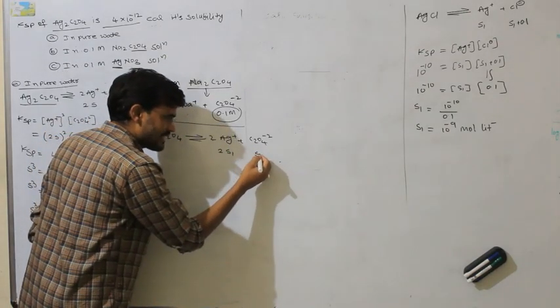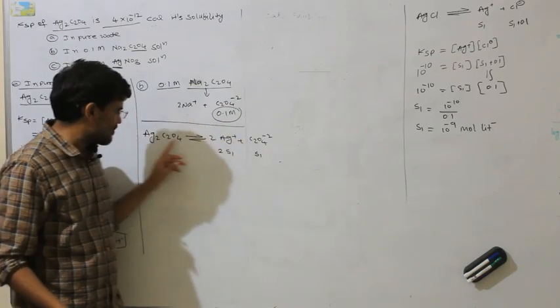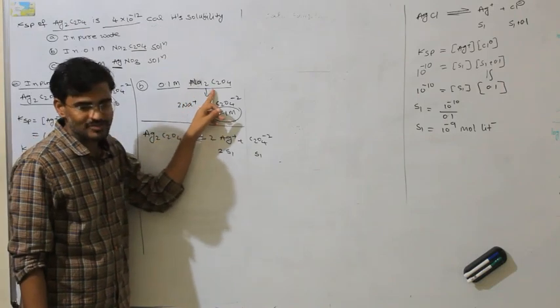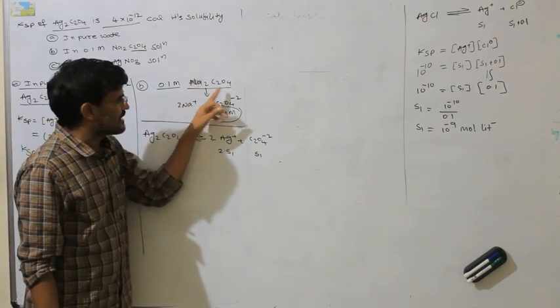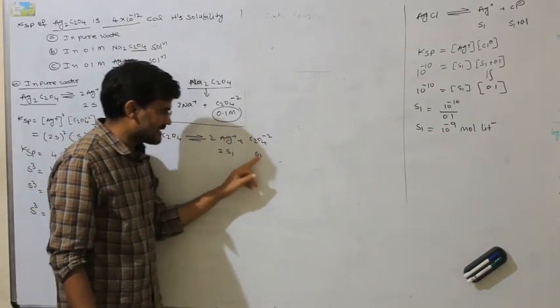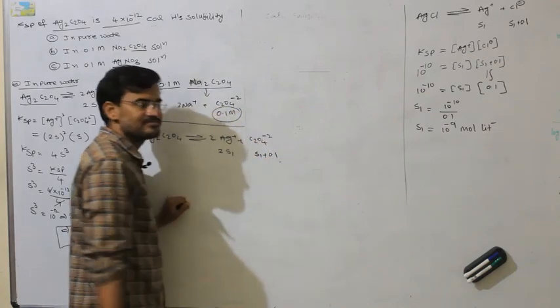Oxalate becomes S1. But in the solution, oxalates are not only coming from the silver oxalate, it is coming from sodium oxalate also. From sodium oxalate, how many oxalate ions are coming? 0.1. So oxalate concentration becomes S1 plus 0.1.